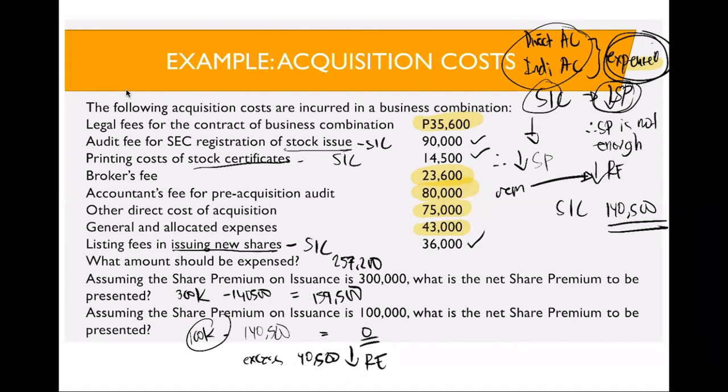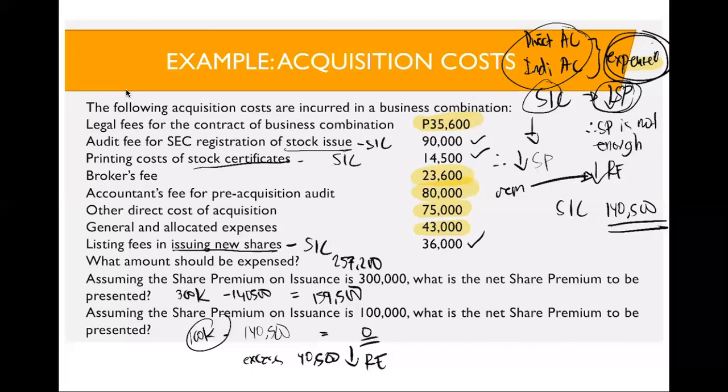Now, what will we do as to your stock issuance cost? Your stock issuance cost will decrease your share premium, and any remainder will decrease your retained earnings. So in this case, if we have 300,000 share premium, we have 140,500 stock issuance cost. Is the 300,000 enough?